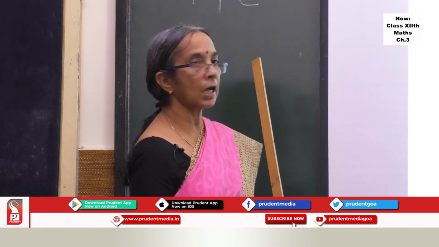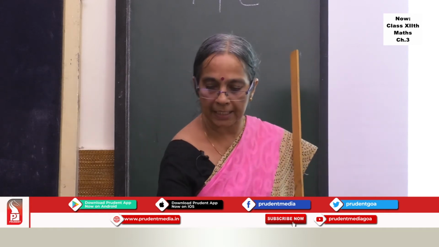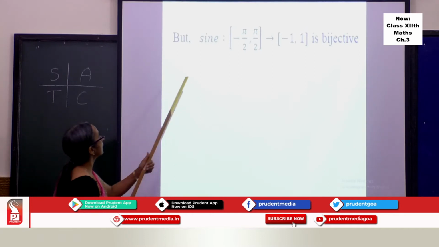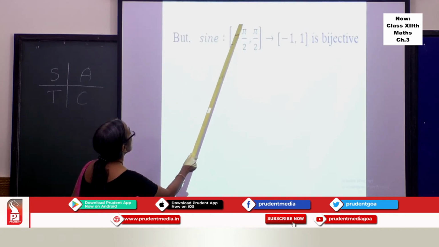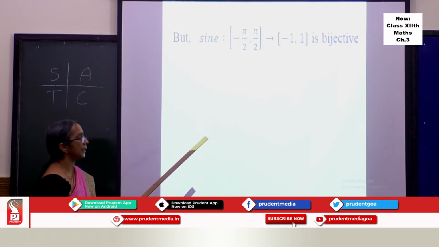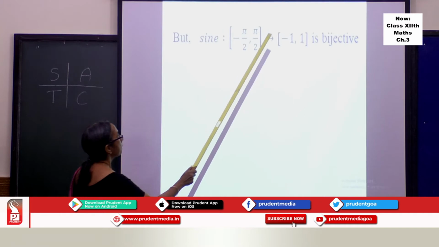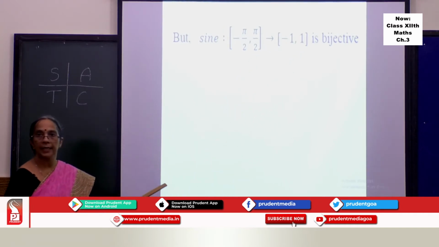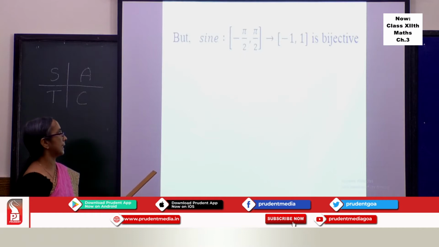Let us see what are those subsets. Look at this: the sine function from the closed interval minus pi by 2 to pi by 2 to the closed interval minus 1 to 1 is bijective.